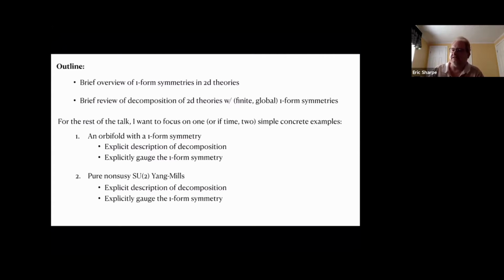I'll explicitly describe how decomposition arises, how to see it, and then I'll explicitly gauge the one-form symmetry in that context. Now, to be clear, this only scratches the surface. There are more examples, there are more kinds of examples, there are fun applications, but this is a relatively short talk, so I just wanted to focus on a few basic things.